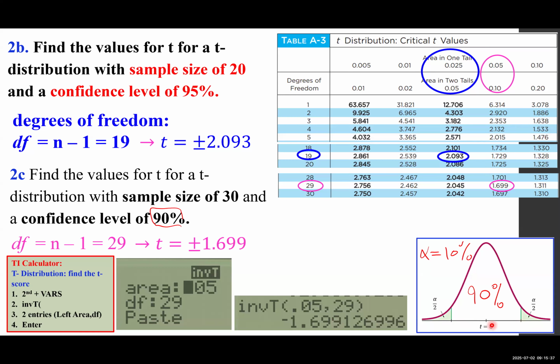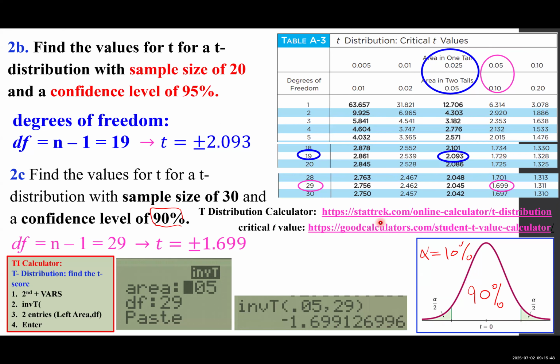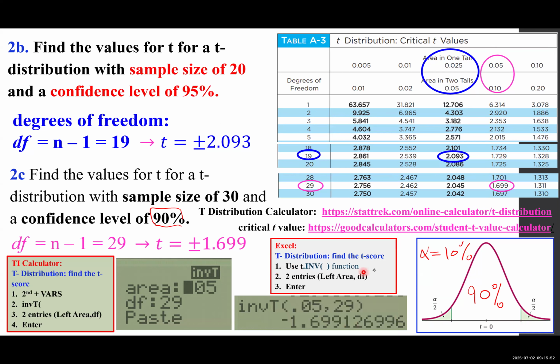You find this, and by symmetry, you know this must be positive. You could use a T-distribution calculator, a good calculator, or Excel. I'm giving you various ways of using technology. If you're comfortable with Excel, you can do that.